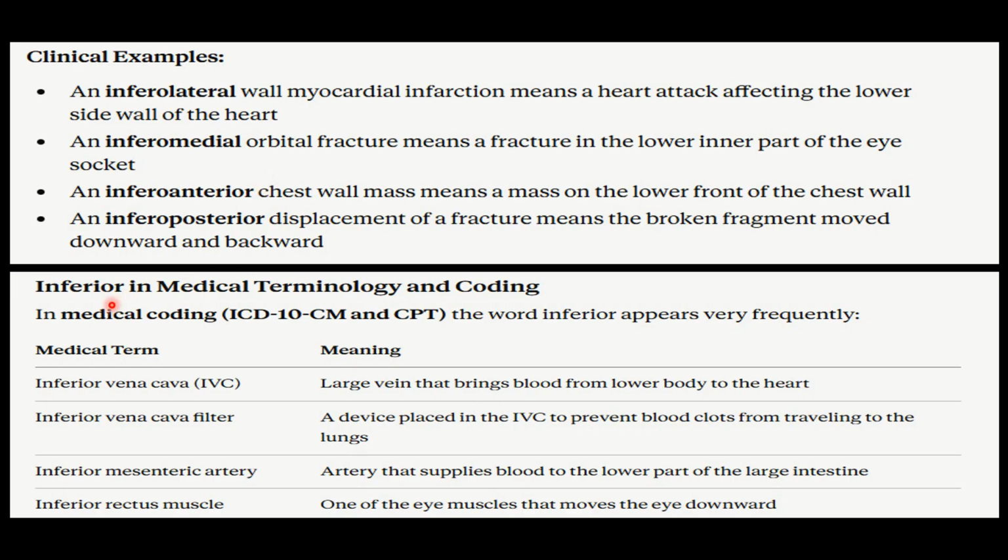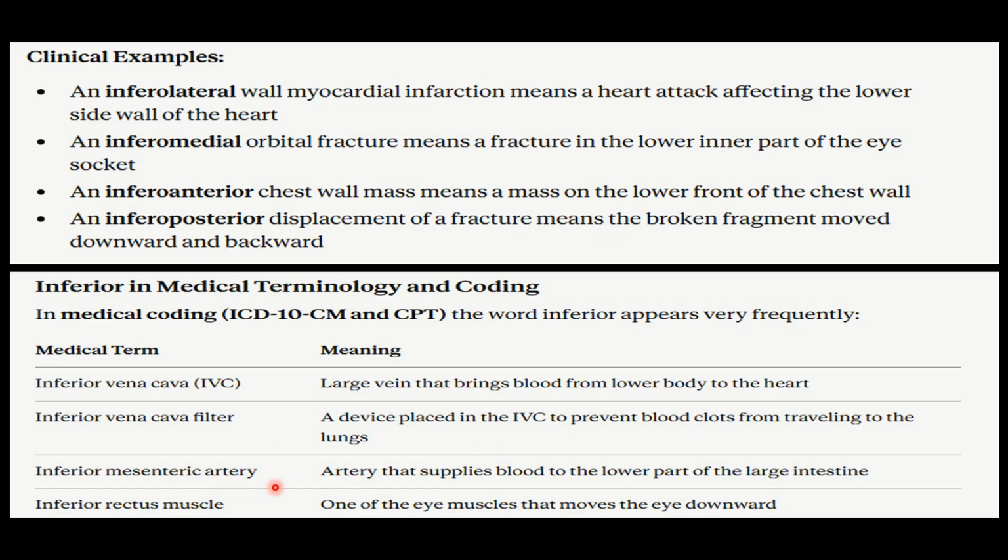Okay, now in medical coding, which is ICD-10-CM and CPT, the word inferior appears very frequently, right? Like inferior vena cava, IVC, that means the large vein that brings blood from the lower body to the heart. Inferior vena cava filter, a device placed in the IVC to prevent blood clots from traveling to the lungs.